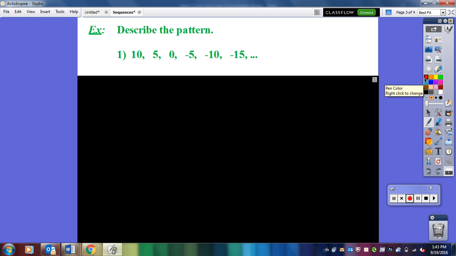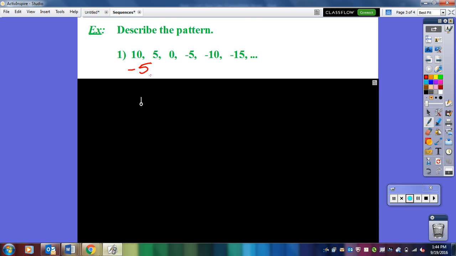Here's one. Can anyone tell me what's going on in this pattern of numbers? The sequence of numbers. What's going on? It's definitely getting smaller or less values. Subtracting 5. What's the problem with saying subtracting 5? We can't subtract if we want to call it arithmetic.